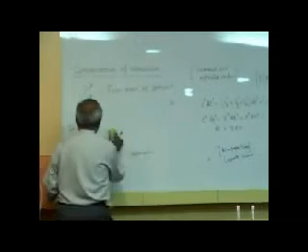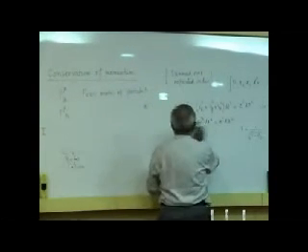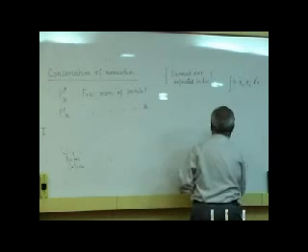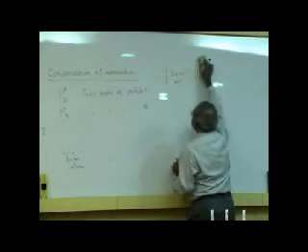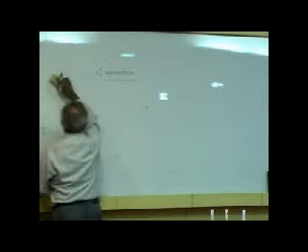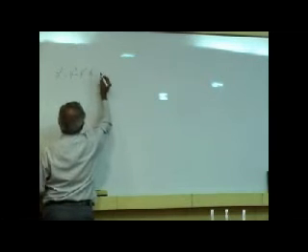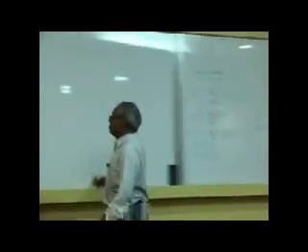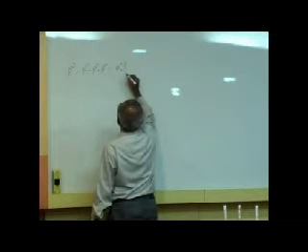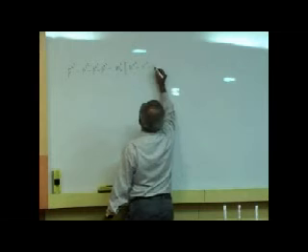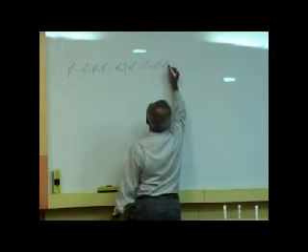So what is P squared? Let's calculate now P squared. P_0 squared minus P_1 squared minus P_2 squared minus P_3 squared is m_0 squared into c squared.